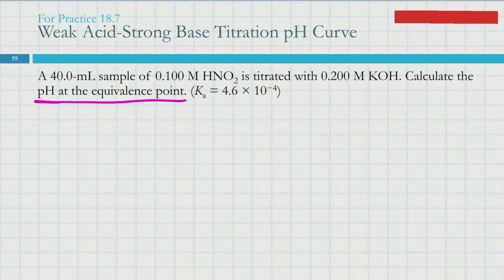We are given a Ka value. What is this Ka value for? What chemical? What does the A stand for? The A stands for acid. What acid do we have here?